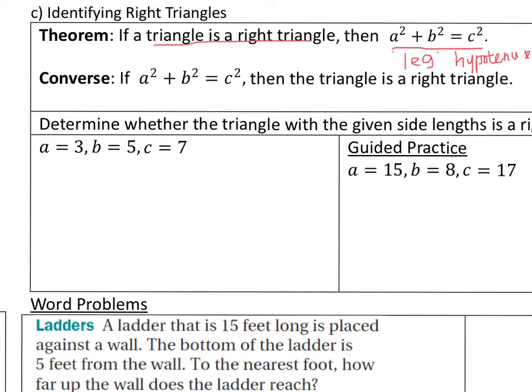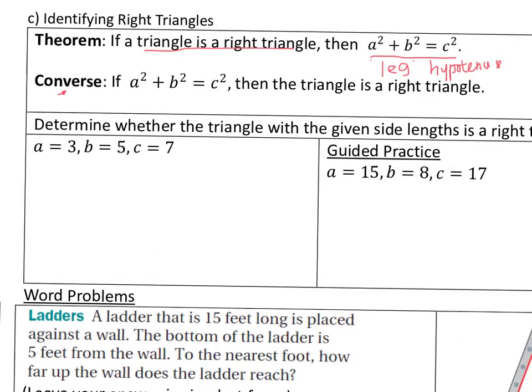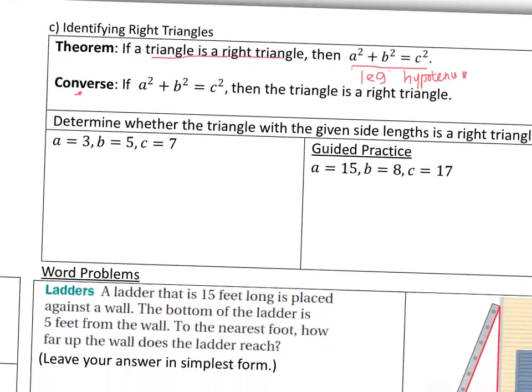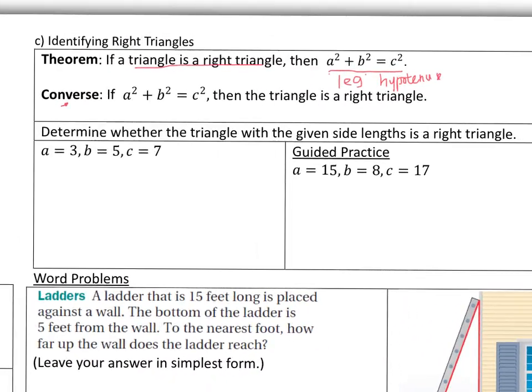And the converse, which is the opposite: if A squared plus B squared equals C squared, then the triangle is a right triangle. So if we have a problem and it asks you to determine whether the triangle with the given side lengths is a right triangle.